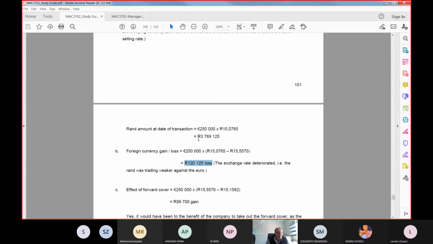It doesn't affect your cost price because we're working on FOB. It affects your forex loss on the income statement. Your credit that you're paying now is going to be worked out as more expensive by 120,000. So it will be 3,769,125 plus 120,125. So it will be 3,889,250.